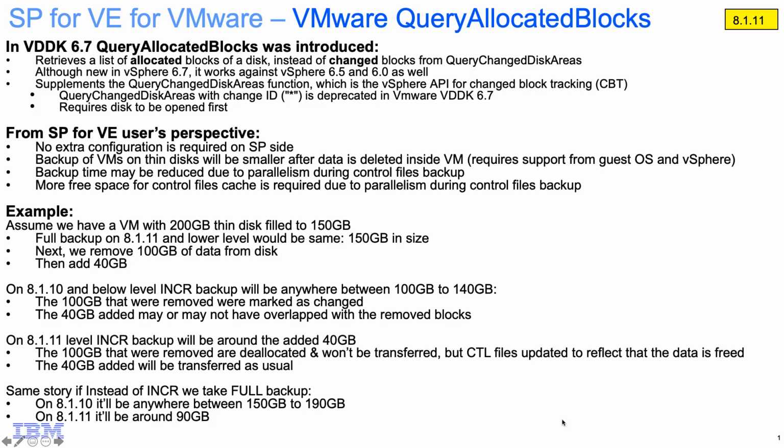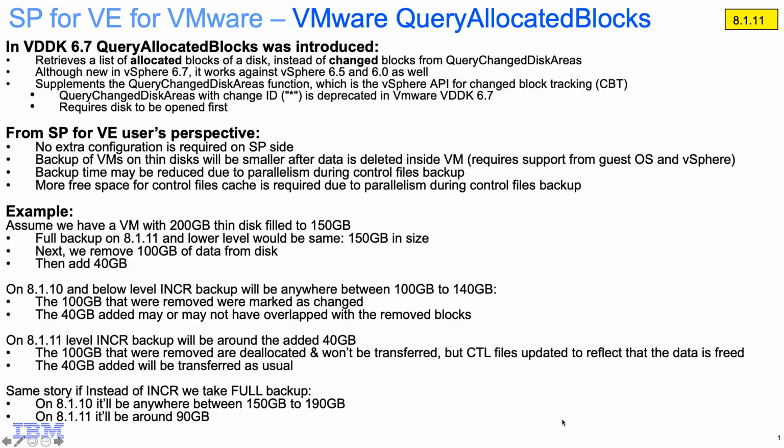There is no extra configuration required on the Spectrum Protect side. It just works, and basically the backup of VMs on thin disks will be smaller after data is deleted inside a virtual machine.